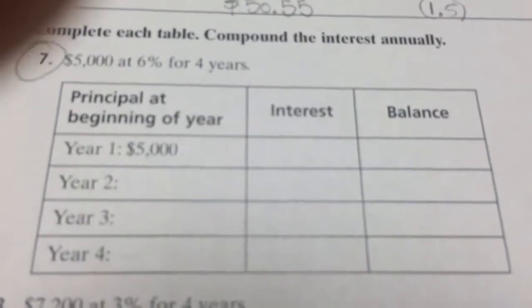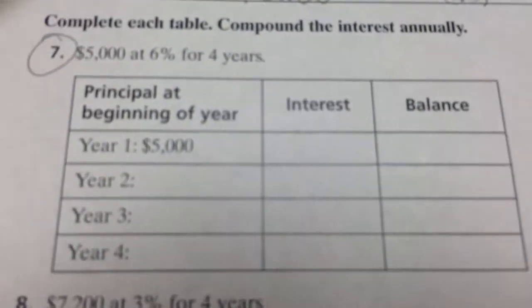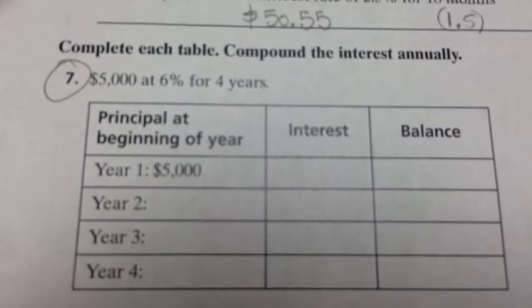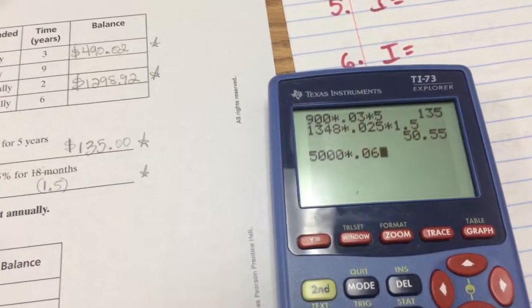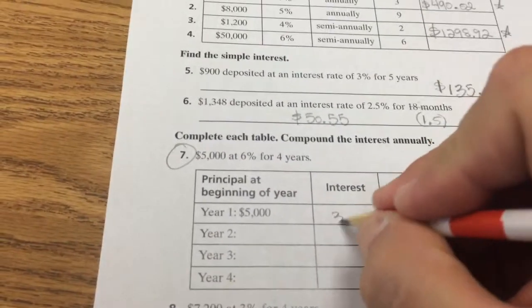Alrighty. Finally, we're going to do this big old table quickly. This is what some of you guys like because it breaks it down. So we're going to first find the interest, which is just going to be 5,000 times 0.06. 5,000 times 0.06. Enter. And then we're going to get $300. 300 bucks.